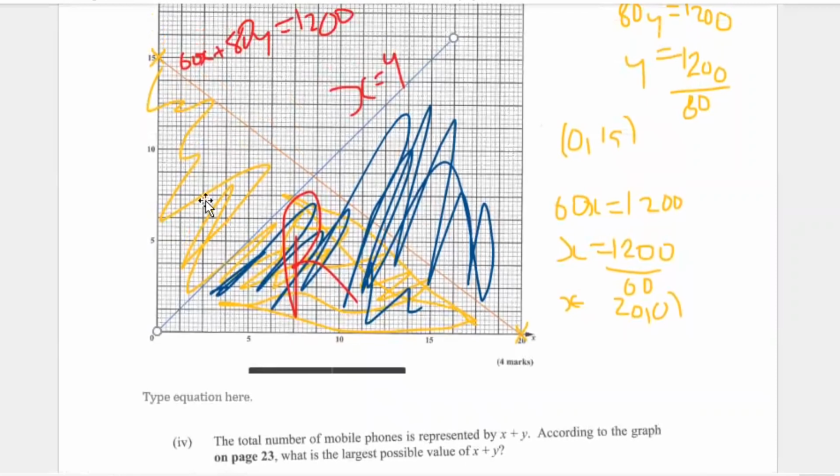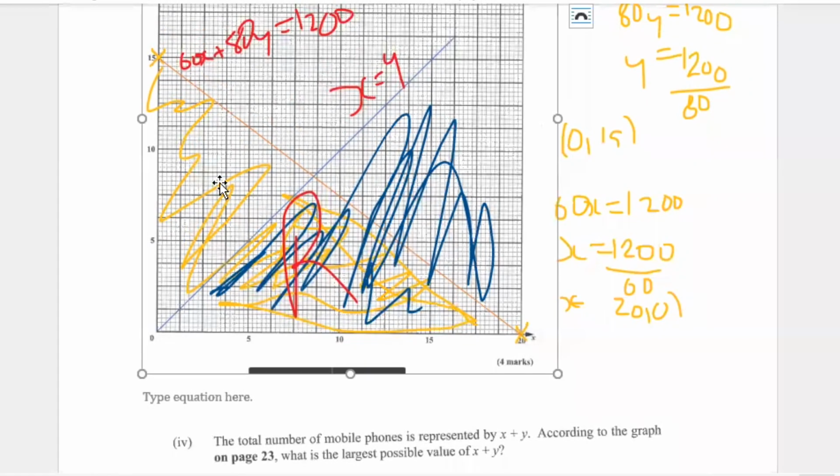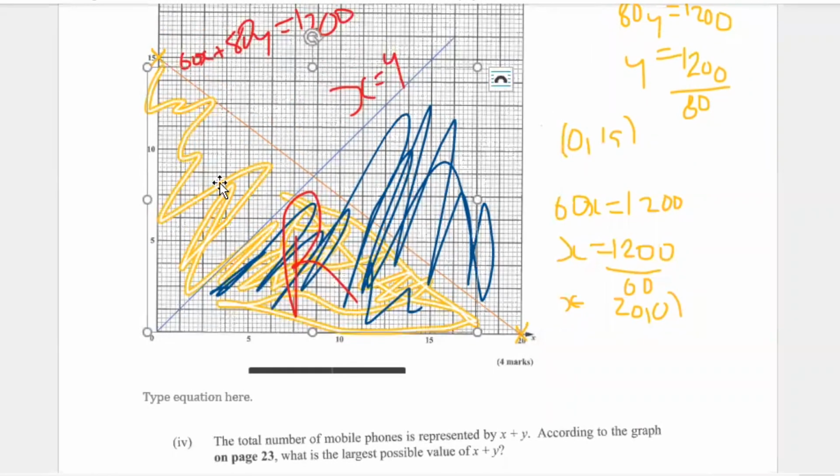Sir, how come you use the end of the graph as a border? Go again. We use the end of the graph as a border. Yeah, so I use x equals 0 as the border for those two. Either way that you choose, your points on the line will pass through that.